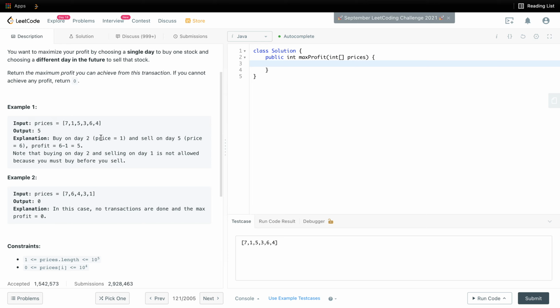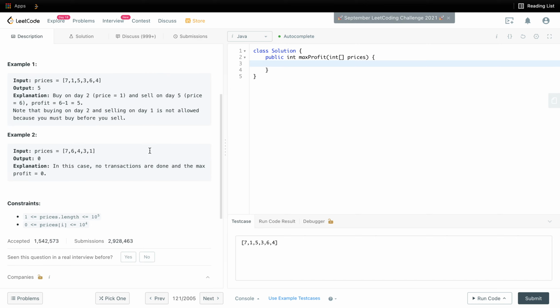It means we cannot do the opposite. We cannot sell first and buy later. So in this case, we want to find the minimum value and maximum value from this array, and another condition is the minimum value should come first and the maximum later.